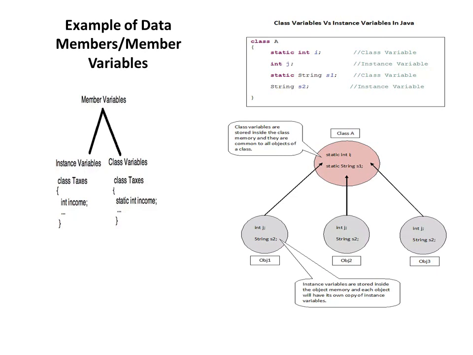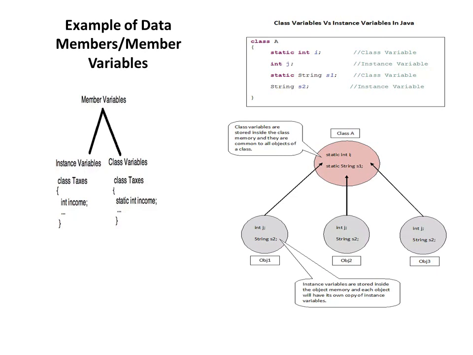Now, the second example is of the class structure. Here A is the name given to the class. See here, i is a variable of integer type and is part of this class as it is enclosed in the class definition, and it is prefixed with the keyword static. So here i is the class variable.